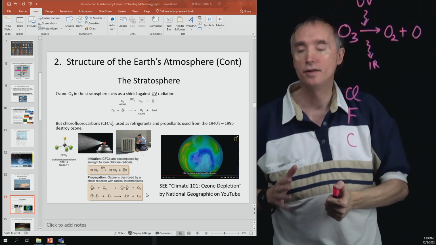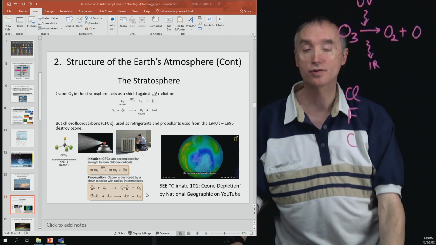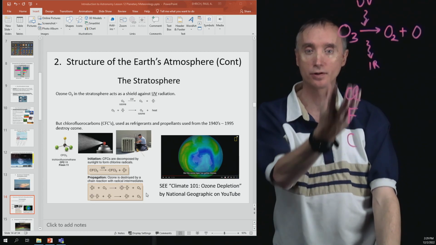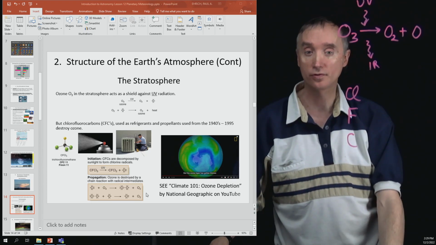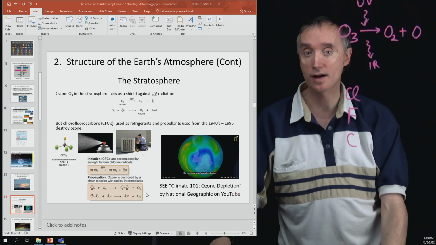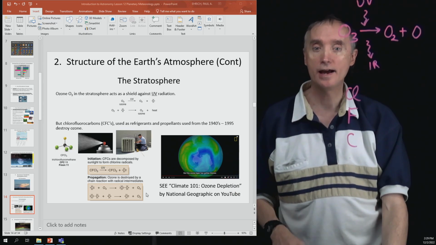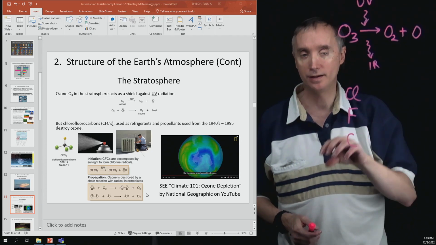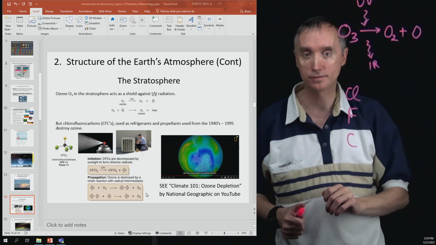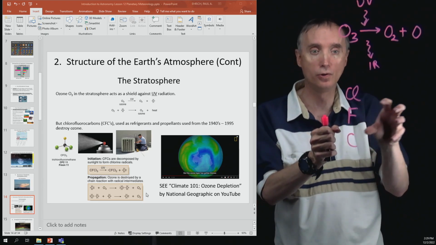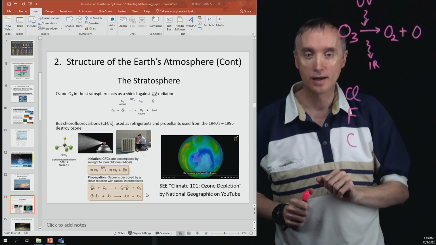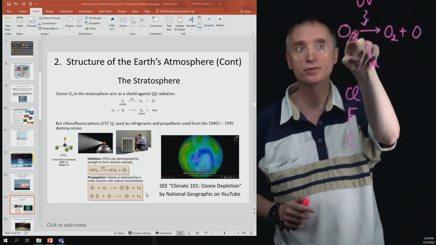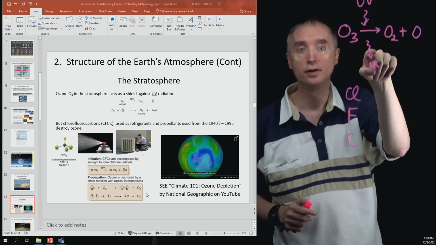Well, we didn't know that we were damaging the stratosphere for something like 40 years. For 40 years, these various chemicals were making their way through the troposphere and then into the stratosphere. What happens in the stratosphere is that when these CFCs get hit by ultraviolet light, they break apart, and one of those chlorines comes off. Then, because that chlorine is so reactive, it reacts with the ozone more than it should.